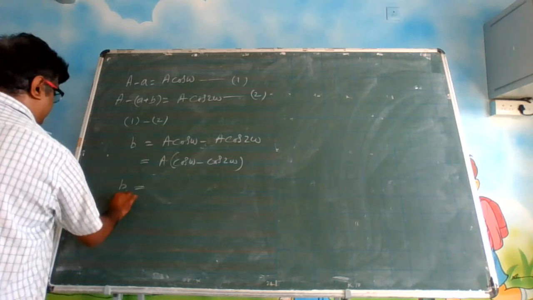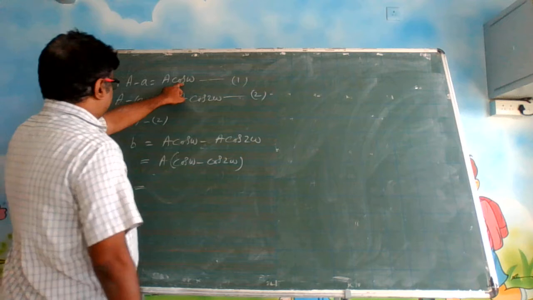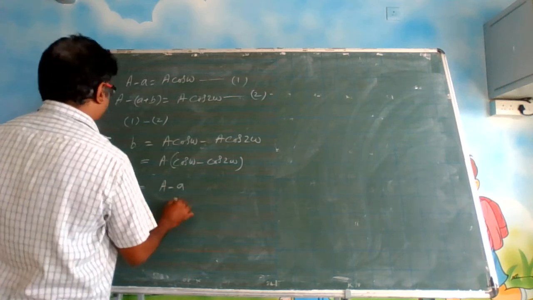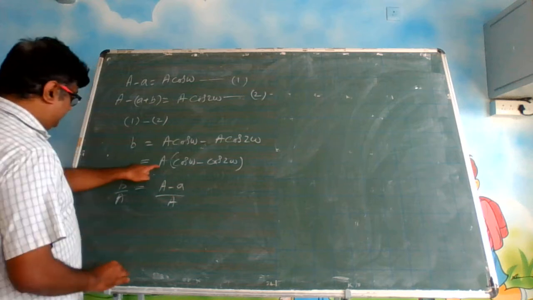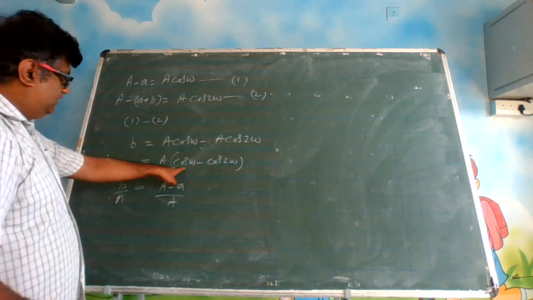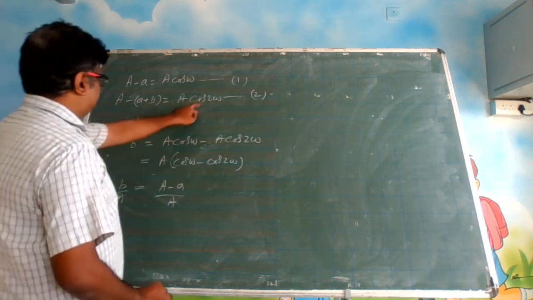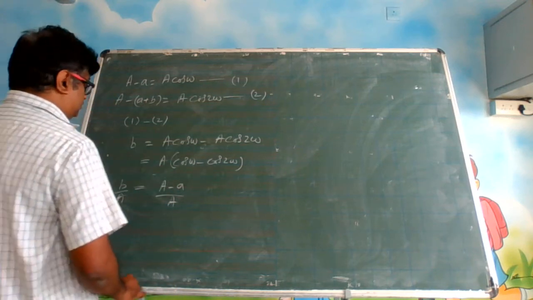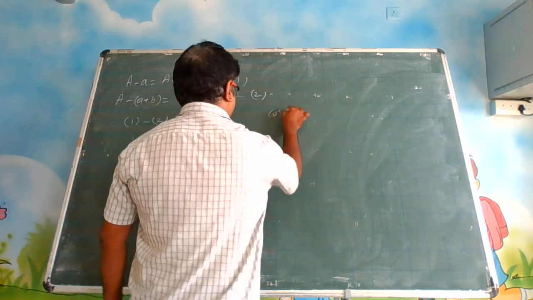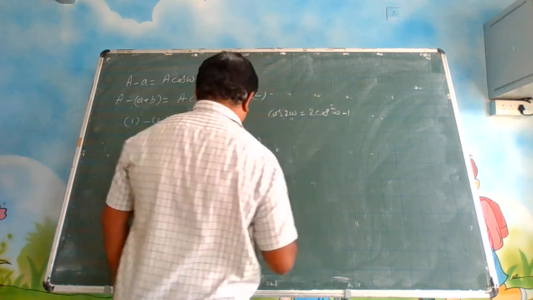So you can write it as A cos omega minus A cos 2 omega. So this becomes B by A equals cos omega minus cos 2 omega. What is cos omega? It is A minus a by capital A. Now you are left with only cos omega. And what is cos 2 omega? We have seen that cos 2 omega is equal to 2 cos square omega minus 1.